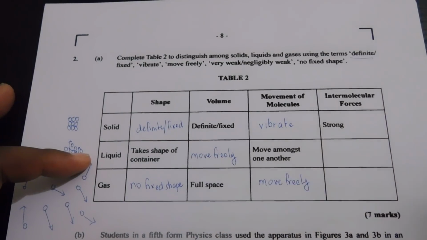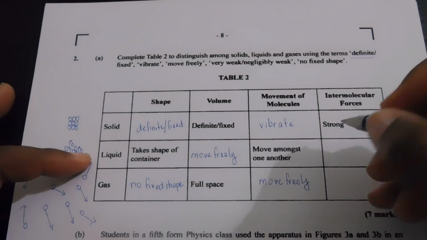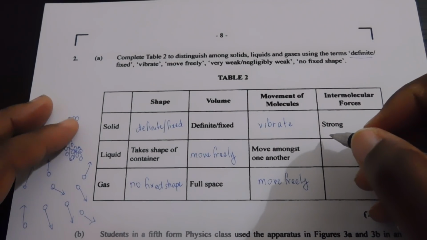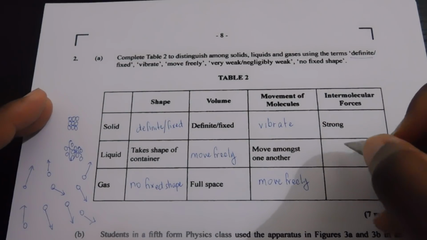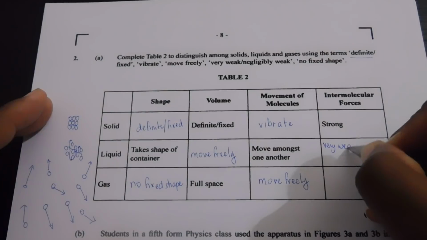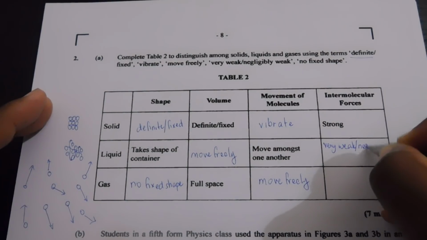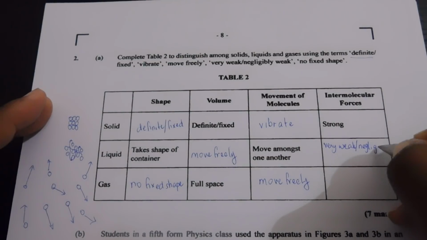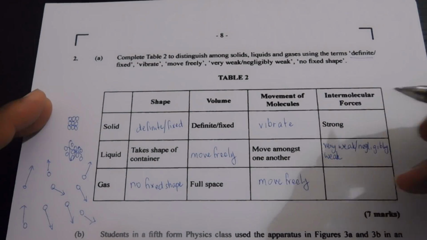Intermolecular forces would say that the forces between the particles that keep them together must be strong. These are going to be very weak. And we're just going along with what they give us. So this is my pick. Negligibly weak. And you try to fit everything in this space that they give you.